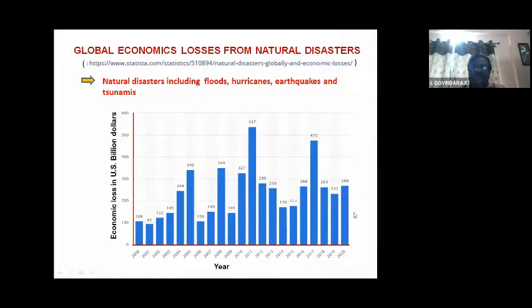Definitely this graph will continue, and a few more spikes can be observed in the near future also. So much economic loss the world is facing, and the stakeholders are at great loss.